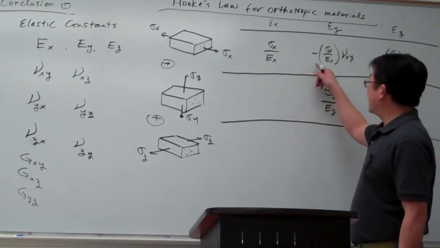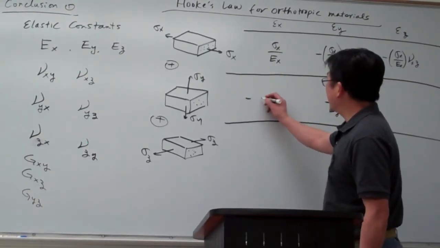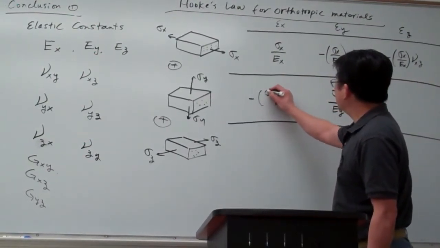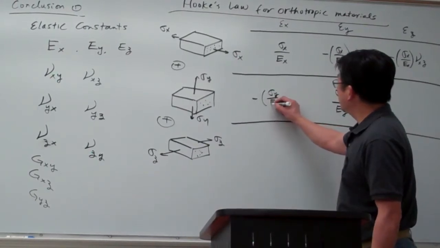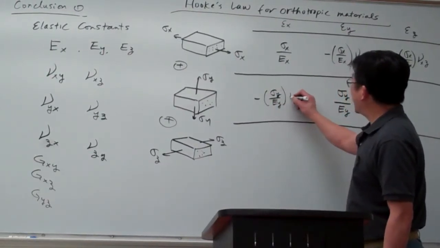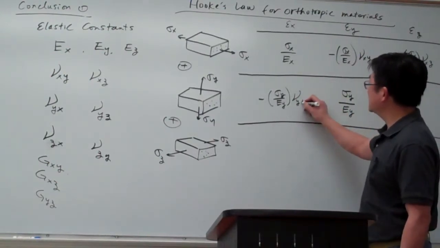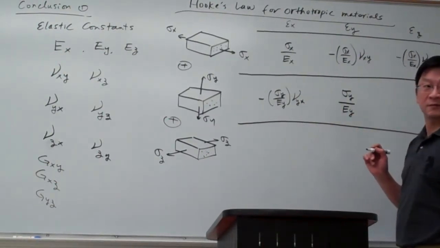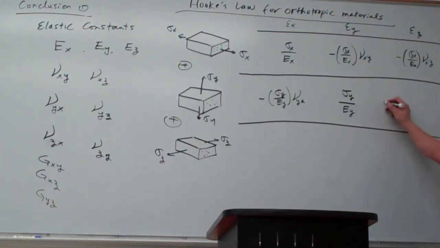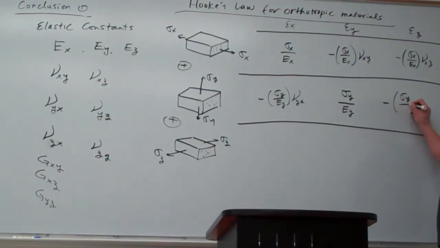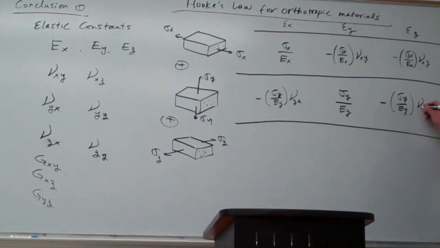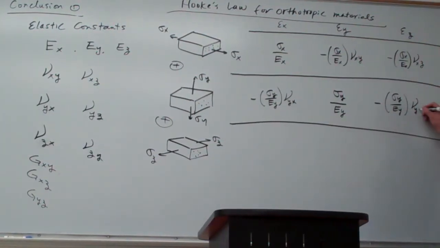Now again, we follow our notation: minus sigma y over Ey, the axial strain, times mu y, the axial direction y, in the x component. And the same thing for the z component, mu yz.